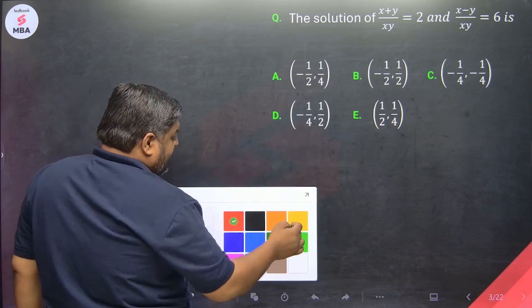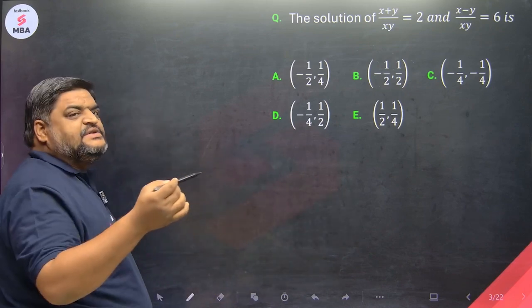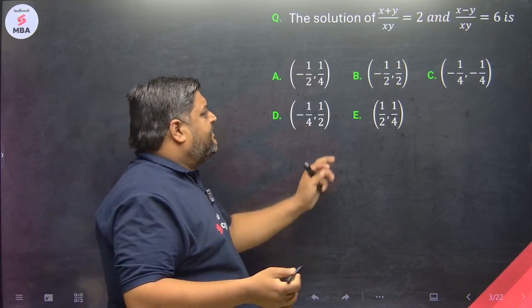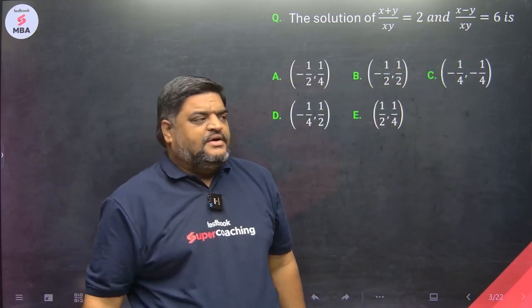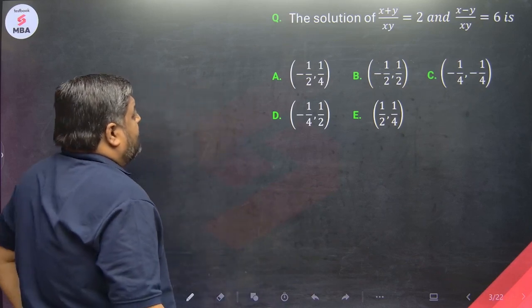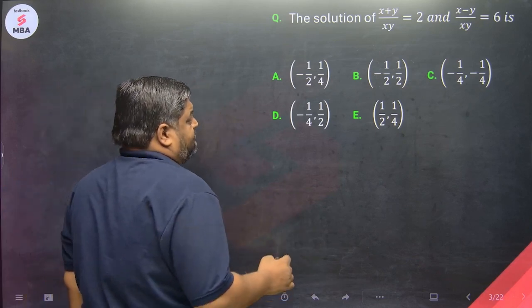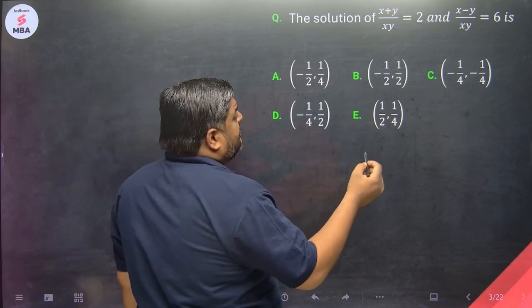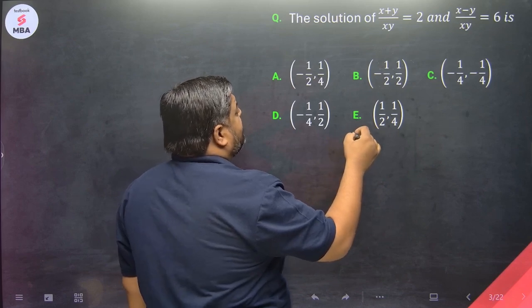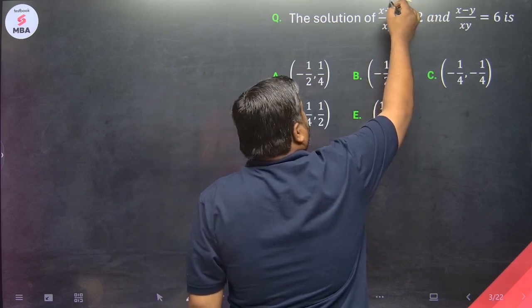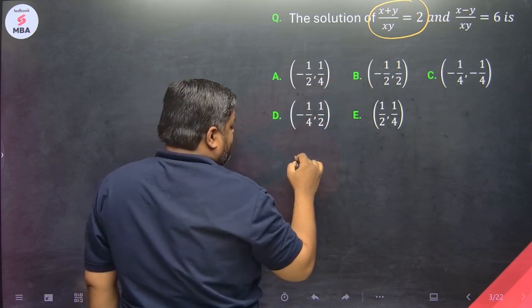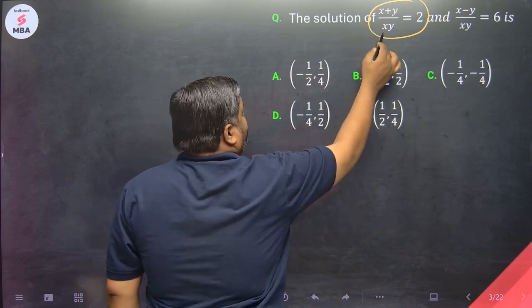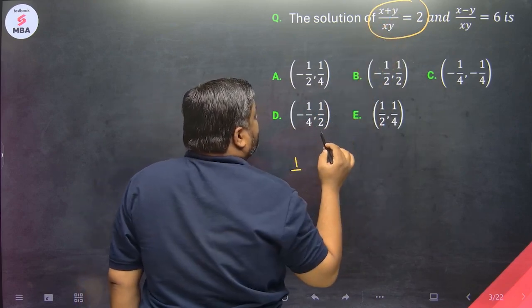So this technically is a question from linear equations in two variables, and you have two equations, so it can be solved. How to do that? There are multiple ways, but the best way that I can see is that I can write this as x upon xy plus y upon xy.